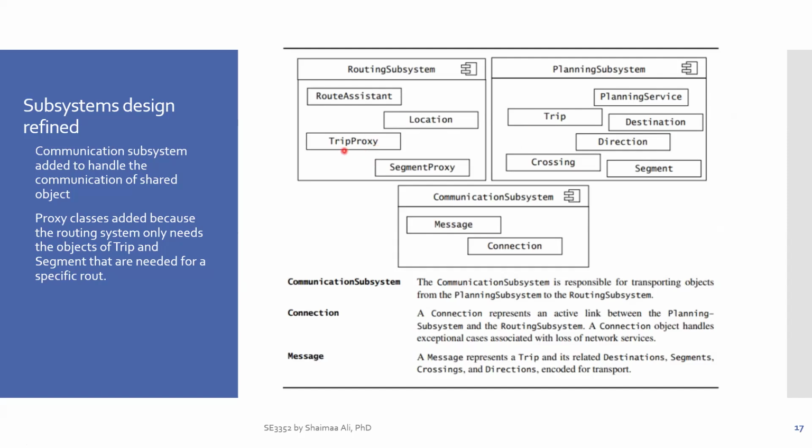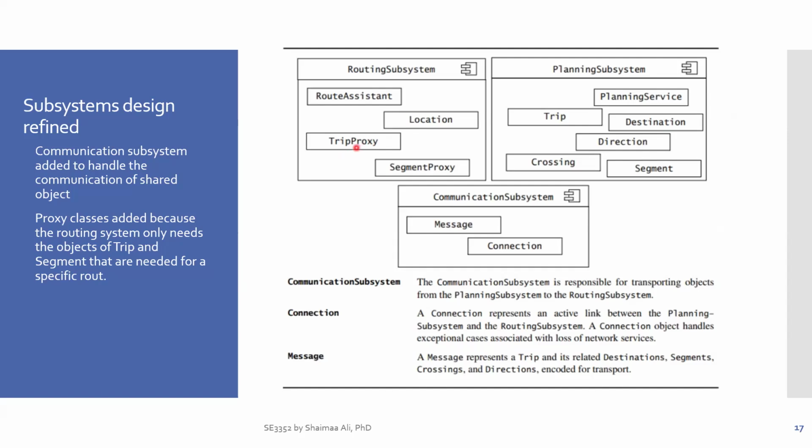Because not everything in that object would be needed here, this would be just a lighter version of the object, for a partial part. For one specific route, not everything known about that trip would be needed in the routing system.